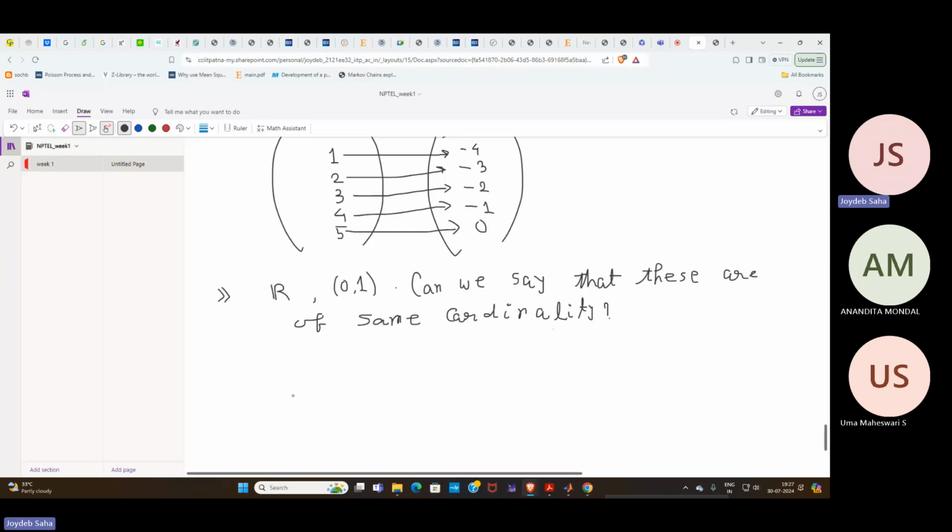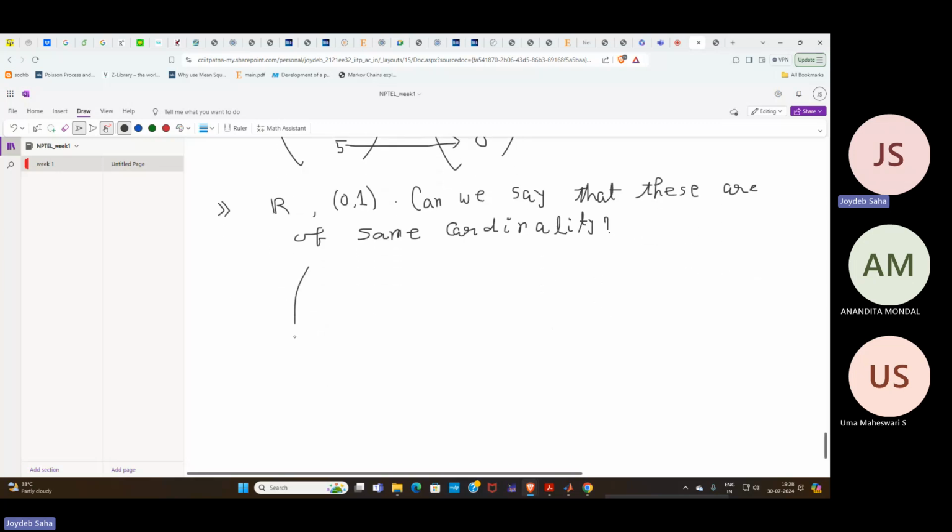Okay. So if we map it like this, or if we say that 0, 1, this is the set base, 0, 0.1, 0.2, 0.9, now 0.01, 0.02, and so on.